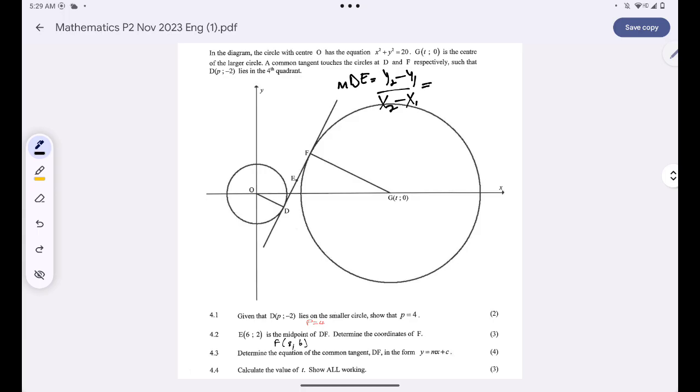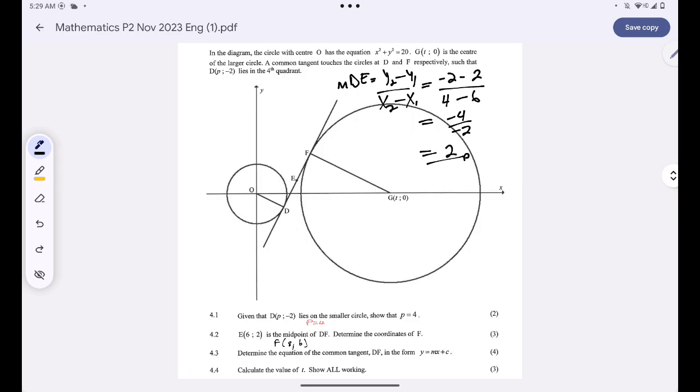The y value at D is -2, and the y value at E is +2. The x value at D is 4, and the x value at E is 6. So this will just give me 4 at the top and 2 at the denominator, just positive 2. This is my gradient.